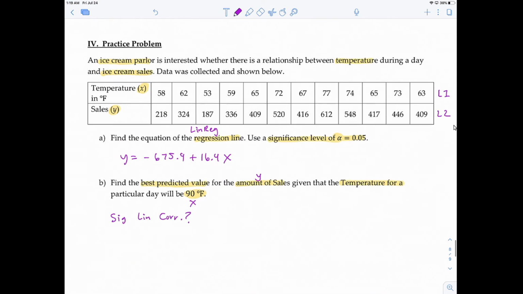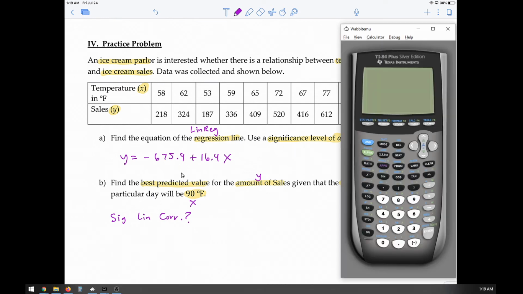All right. So here, for this problem, we know what R is. When we use linreg, it calculates the value of R as well. So press enter, and we get that R is equal to 0.953. And now we need to figure out what the critical value is.